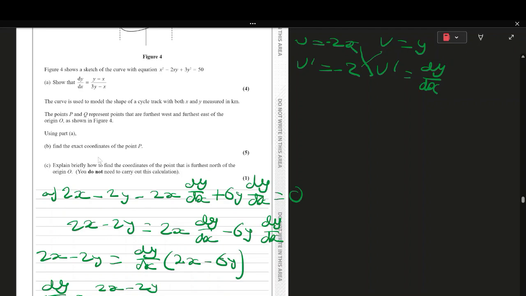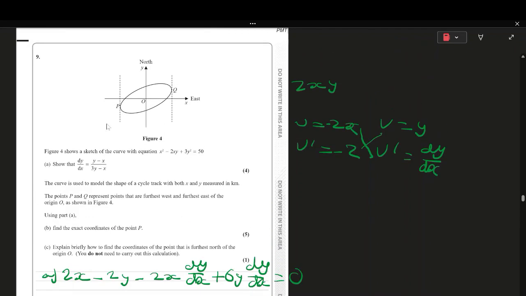With part B, find the exact coordinates of B. So, since the gradient of a straight up line is technically 1 over 0, basically we just flip the dy by dx and have the denominator equal to 0. So, part B, 3y minus x is equal to 0, so x is equal to 3y.